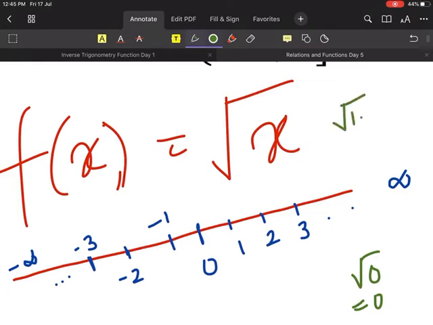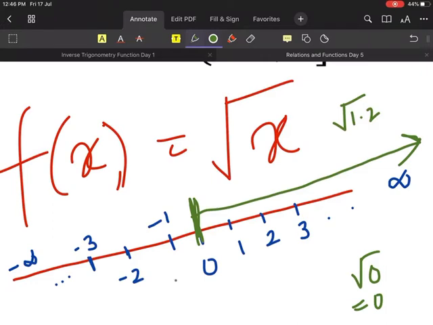Now tell me, is square root of 1.2 defined or not? It's defined also, right? So can I say that from 0 to infinity, square root of x is defined?